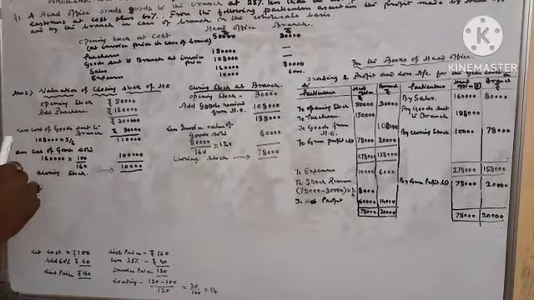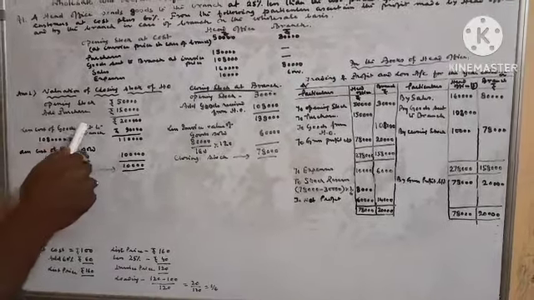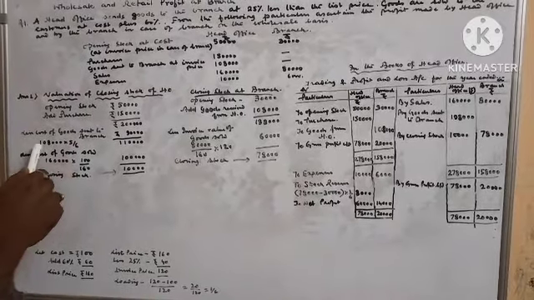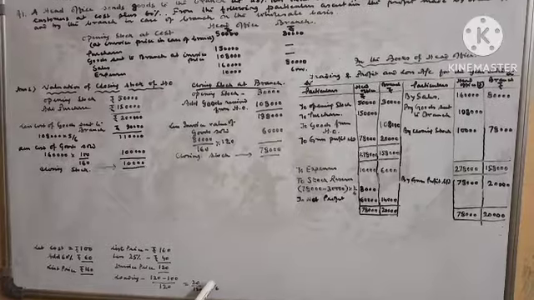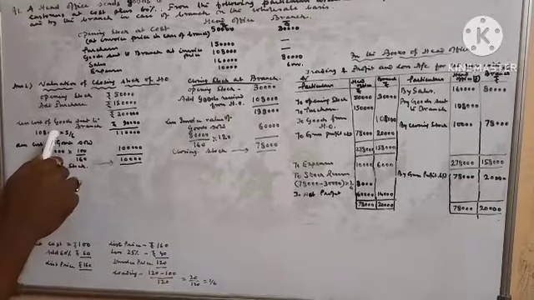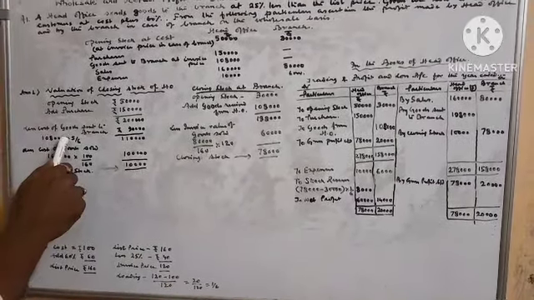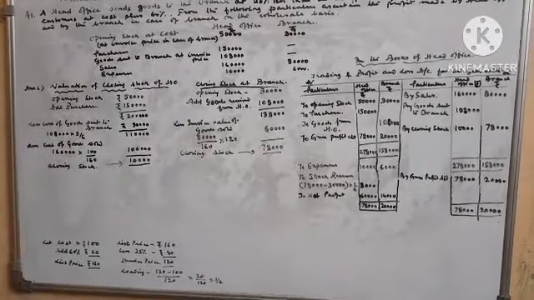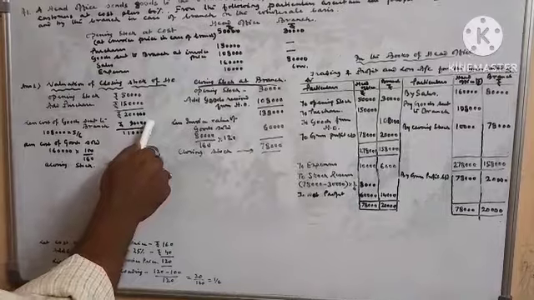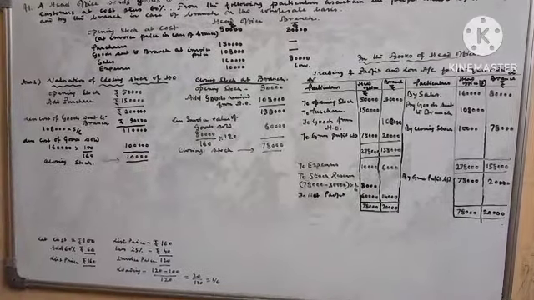Now we have to find out the cost of goods sent to branch. This is 1,08,000, at invoice price. So 1 minus 1/6 to convert into cost price, that is 5 by 6, equals rupees 90,000. So 2 lakh minus 90,000 is 1,10,000.